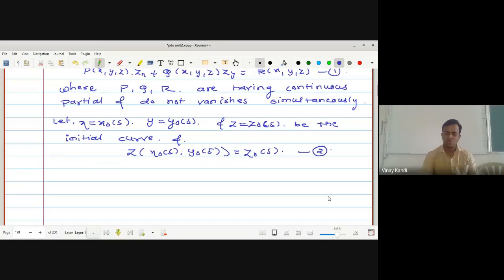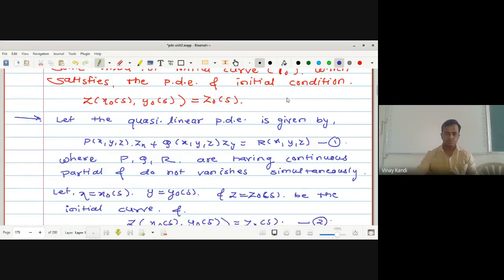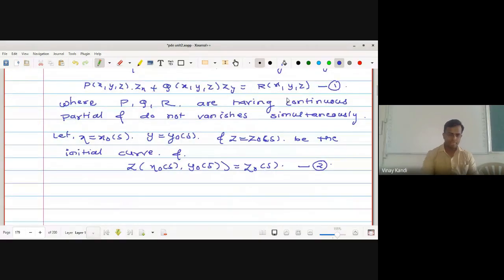And this condition is called the admissibility condition. Which condition? This one: dy naught by ds into P minus dx naught by ds into Q is not equal to 0. This condition is called the admissibility condition.